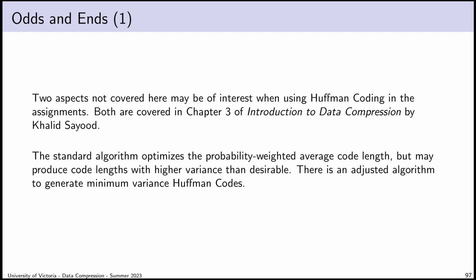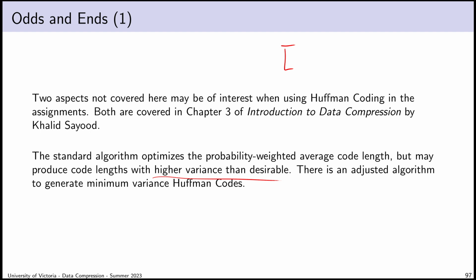A couple of other points off to the side, some of which we'll come back to later. We have covered the basic Huffman coding algorithm, which does minimize the value of L bar. The basic algorithm just merges subtrees and breaks ties arbitrarily. In some cases, although this does minimize L bar, the variance of the different code lengths can be higher than you might desire.